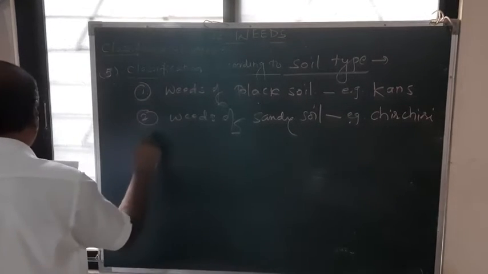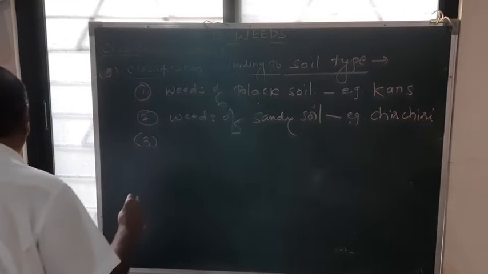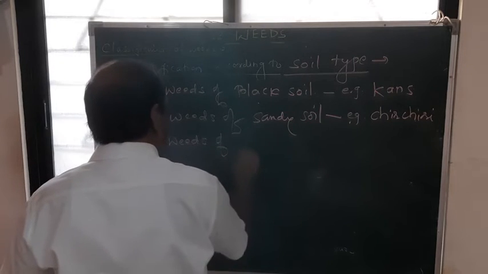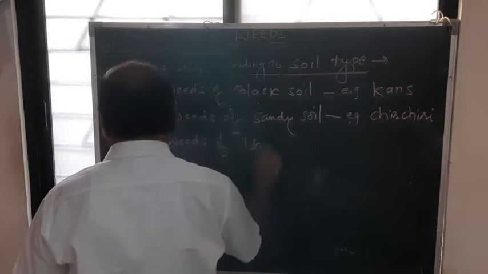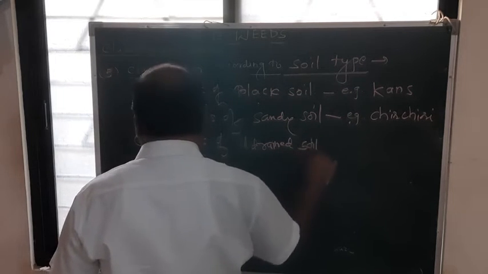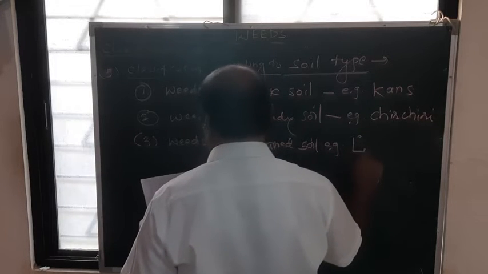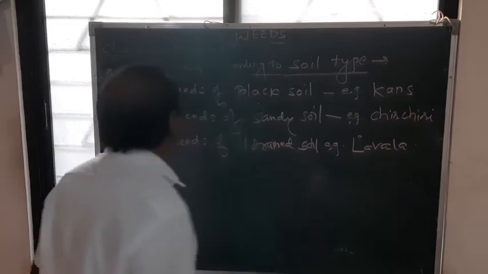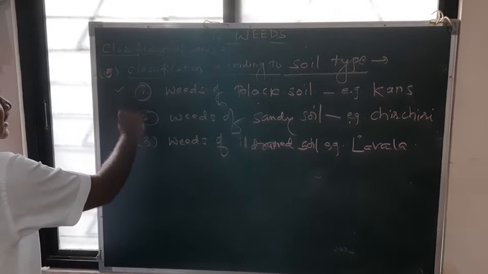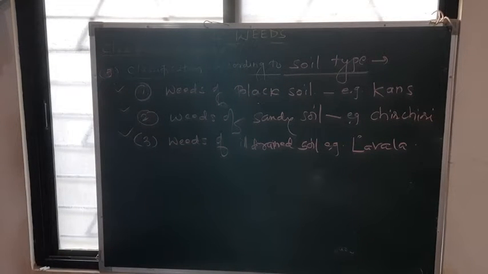And third is weeds of ill-drained soil. Example is lavala. Means on the basis of soil type, they are classified into these three types: weeds of black soil, cans; weeds of sandy soil, chirchiri; and weeds of ill-drained soil, the common name is lavala.